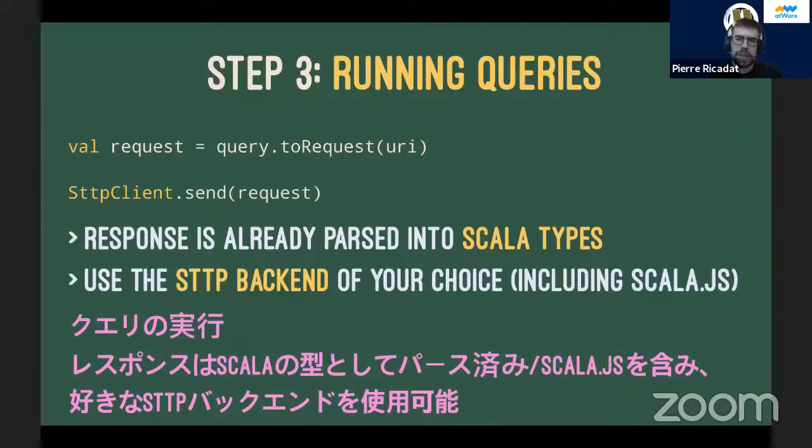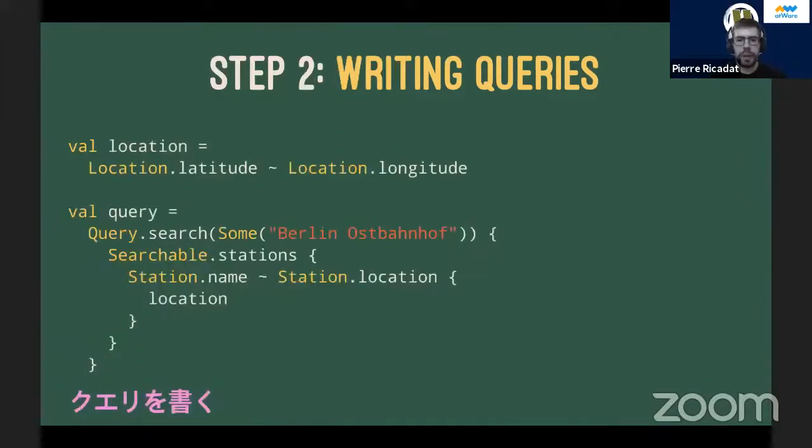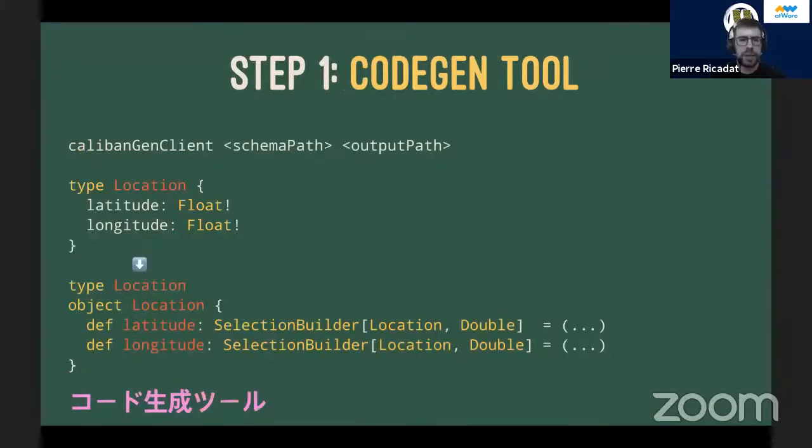What is really nice is that not only is it calling your GraphQL API, but it is also parsing the result into a Scala type. For example, if I go back, you can see that latitude and longitude, both selection builder objects, return a double.